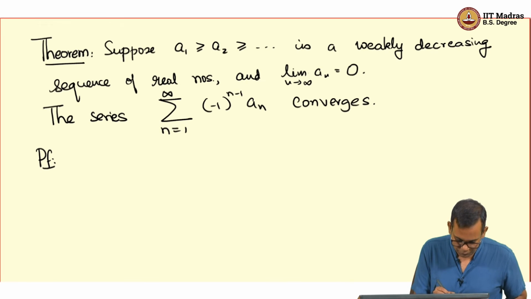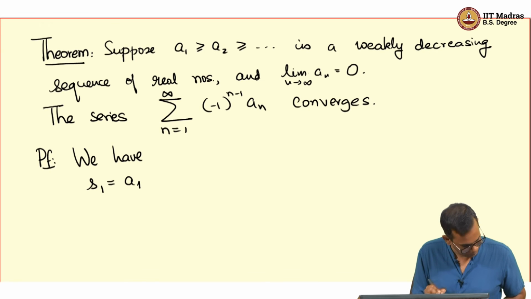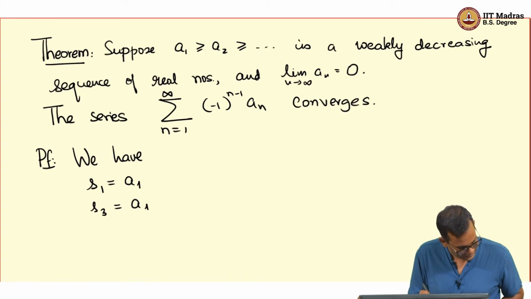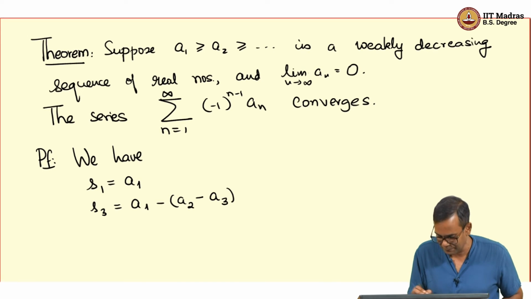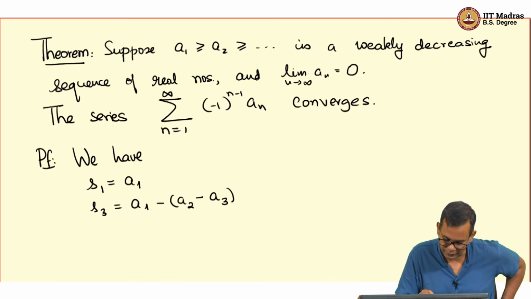So, we have S1 is equal to a_1, S3, well that is a_1 minus a_2 plus a_3, but I can write it as a_1 minus (a_2 minus a_3). Now, remember a_2 is greater than or equal to a_3. So, a_2 minus a_3 is non-negative, and so a_1 minus (a_2 minus a_3) is less than or equal to a_1, which is the same as S1.